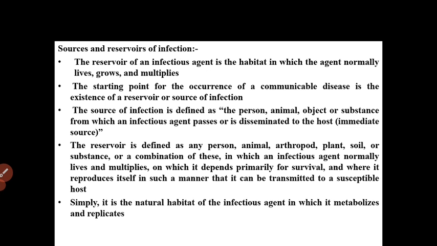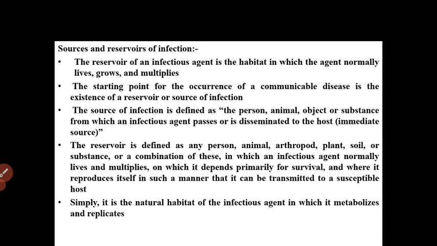So, now let's start with the sources and reservoirs. The reservoir of an infectious agent is the habitat in which the agent normally lives, grows, and multiplies. The starting point of the occurrence of a communicable disease is the existence of a reservoir or the source of infection.